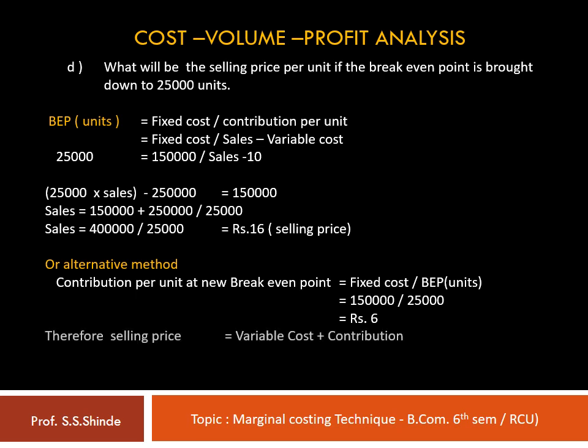Therefore, selling price is equal to variable cost plus contribution, that is rupees 10 plus rupees 6, which sums to rupees 16 per unit. That is the selling price per unit at the new break-even point. Students can adopt either of the methods to calculate the selling price at a particular break-even point.